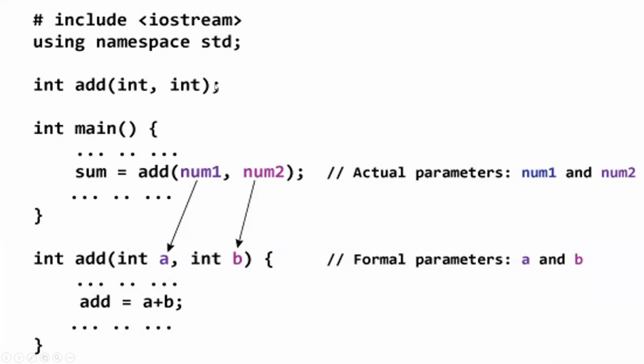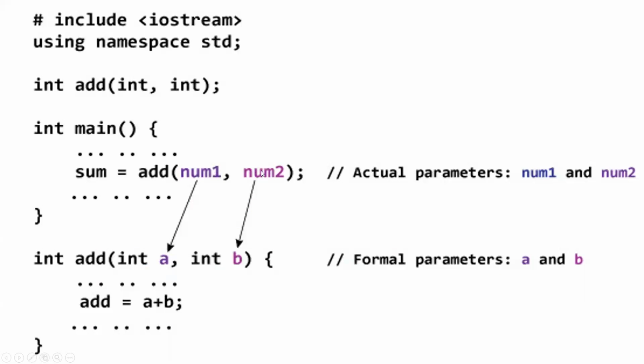This is the function prototype where I have two variables, two parameters, as the argument list. Here I am calling the function. This is the return type of the function, int. I'm calling the function.